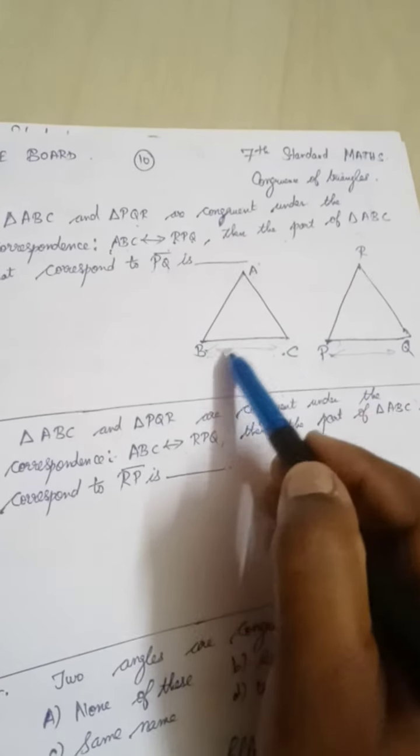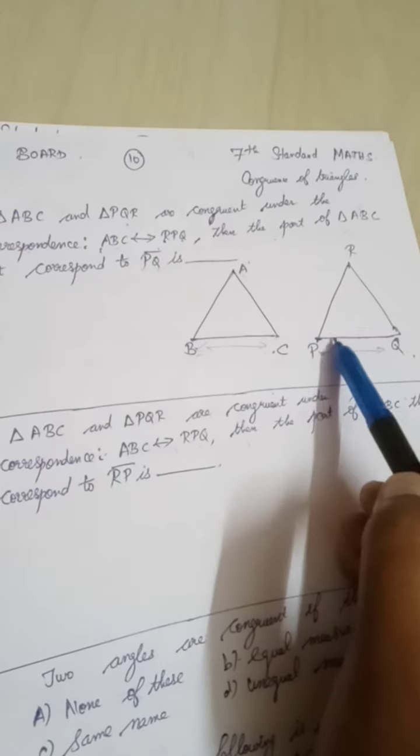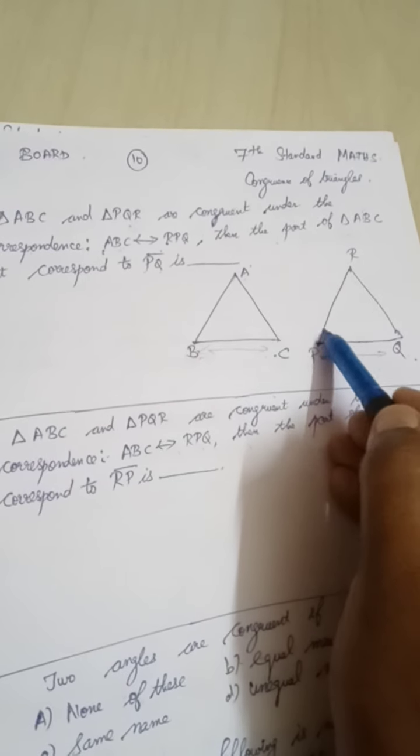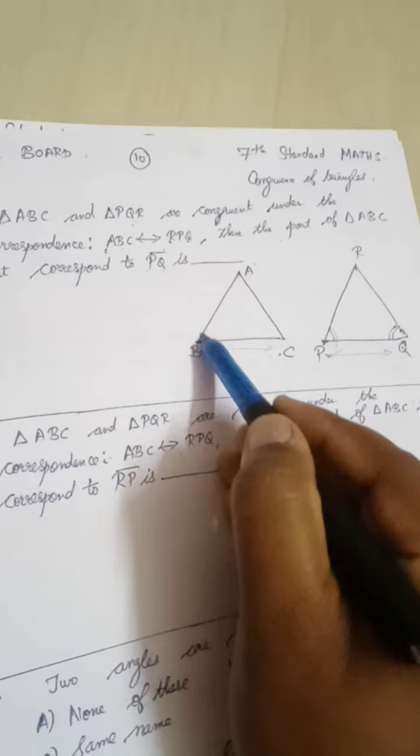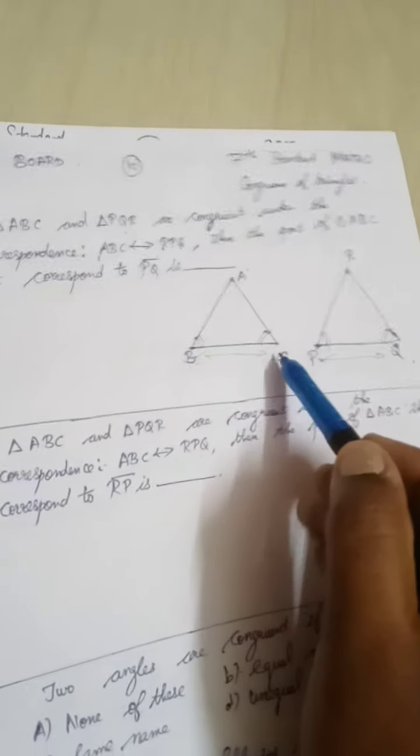They are asking for the part of triangle ABC that corresponds to PQ. So PQ corresponds to which one?